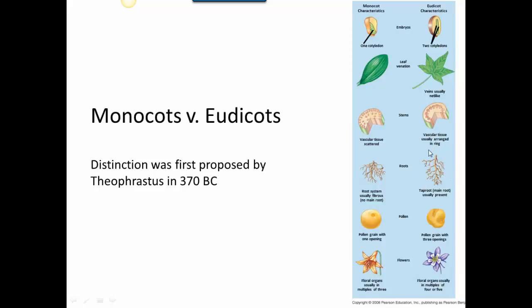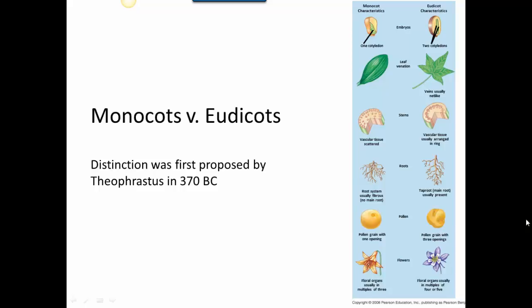Eudicots generally have a main root or a taproot present. They generally have pollen grains, and if you get them under the microscope, you see that those pollen grains have 3 apertures or openings or pores.